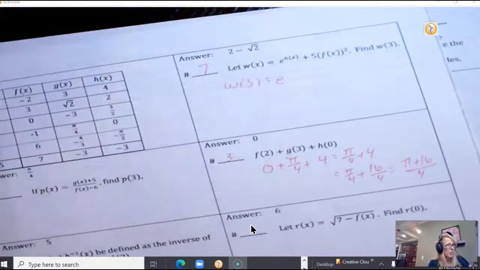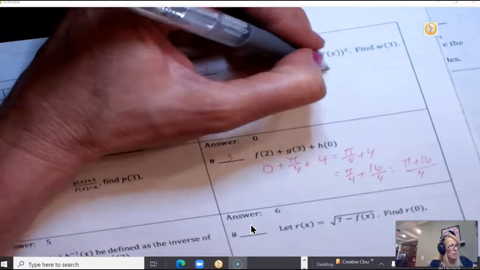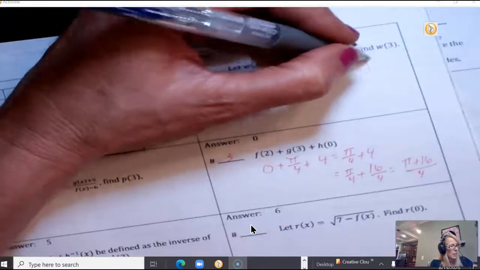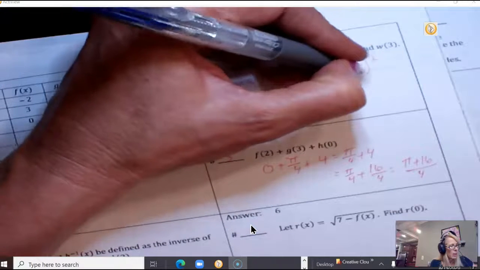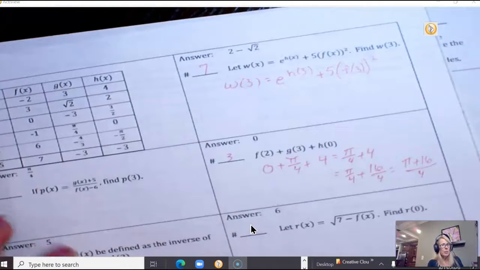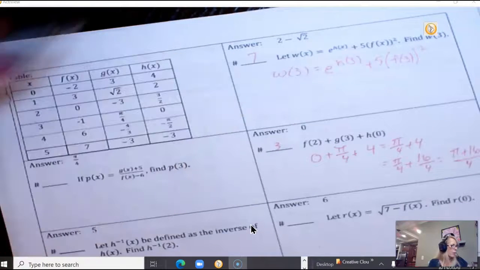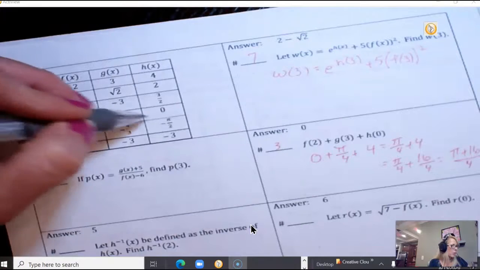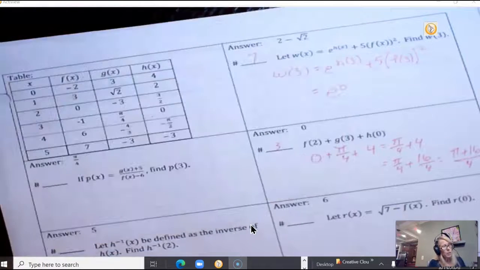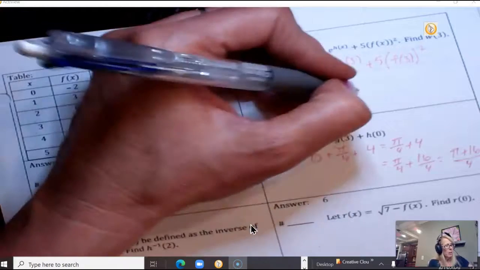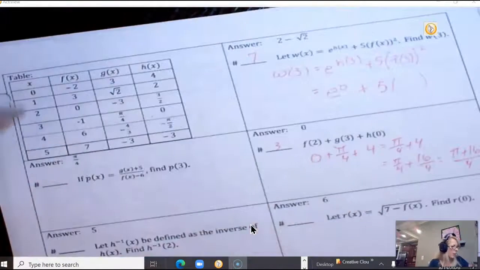Means we've got w of 3 equals e to the h of 3 plus 5 times f of 3. And now we just look at our table and figure this out. This is no big deal. We can do this. So h of 3, down to 3, over, is 0. So e to the 0 plus 5 times f of 3.